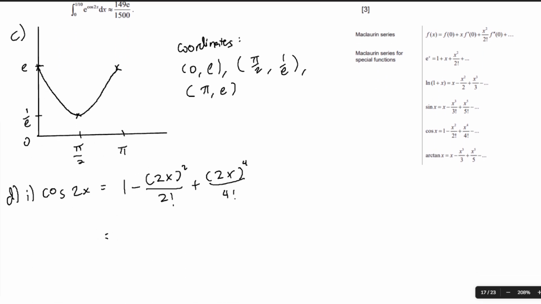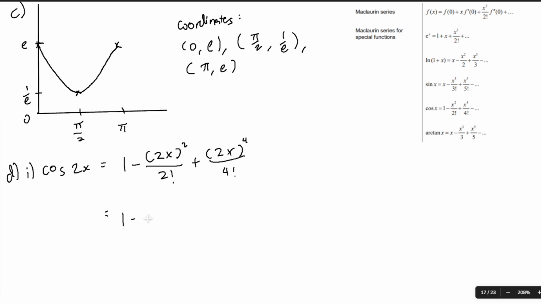All right, and we would have 1 minus 4x squared over 2 plus 2 power 4, that's 16, x power 4 over 4 factorial, 4 times 3 times 2 times 1, which is 24.